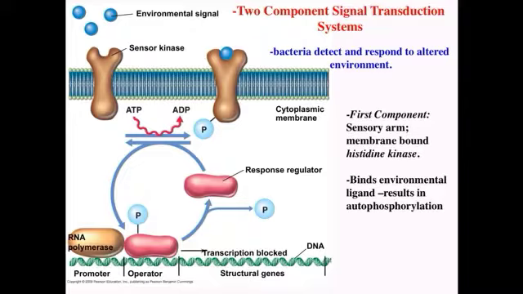So this phosphate group can now be transferred to a response regulator. And again, you understand response regulators. You've talked about how CheA could phosphorylate CheY, could phosphorylate CheB. Those are response regulators. But remember, in that system, those response regulators interacted with another protein.